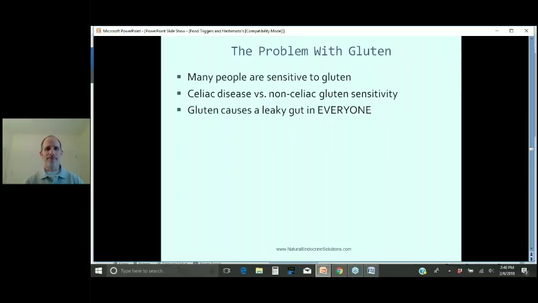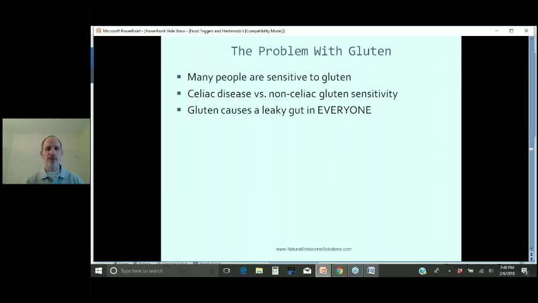So even if you're not sensitive to gluten, because it causes a leaky gut, it's a good idea to try to avoid gluten, especially while restoring your health. I mean, no question, everybody, while trying to get into remission, should avoid gluten. After you're in remission, it's a good idea to continue avoiding gluten. Some people will reintroduce gluten, and some people will relapse.